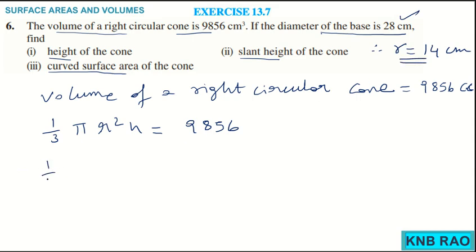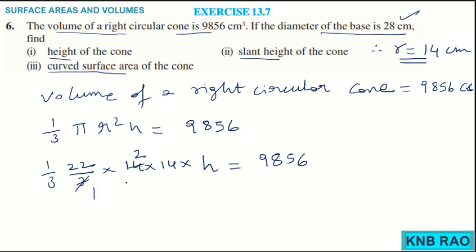I will substitute instead of r 14 and instead of pi 22/7. So 22/7 into 14 into 14 into height h, we will substitute with the same letter, equals 9856.